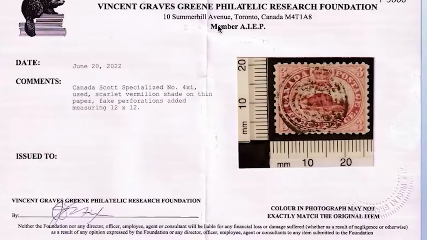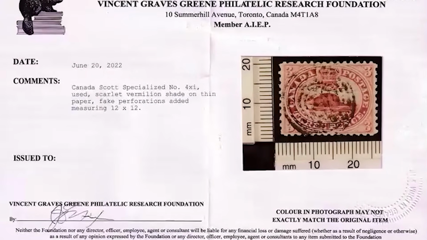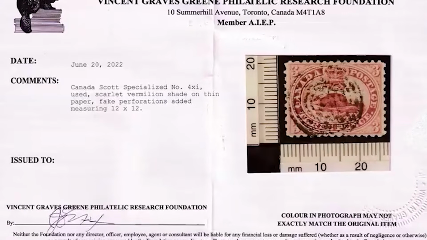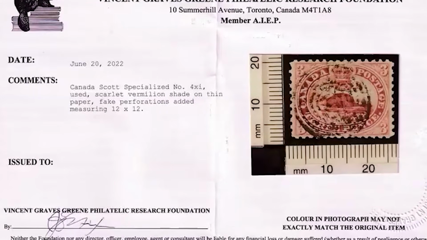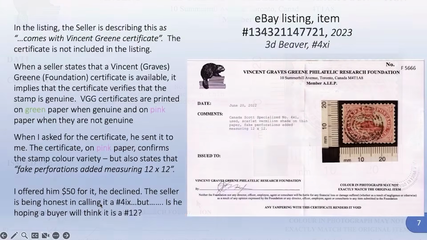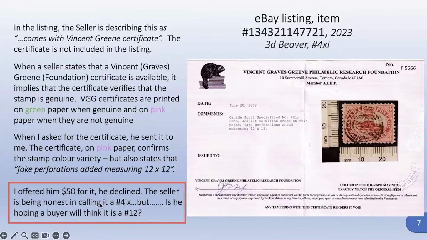It does confirm the color, which is the XI, and that fake perforations were added, measuring 12 by 12. I offered him $50 for it. He declined. He's being honest in calling it a number 4XI, but I think he's hoping that a buyer will think, oh, the seller made a mistake and it's actually a number 12. Well, it's not a number 12.